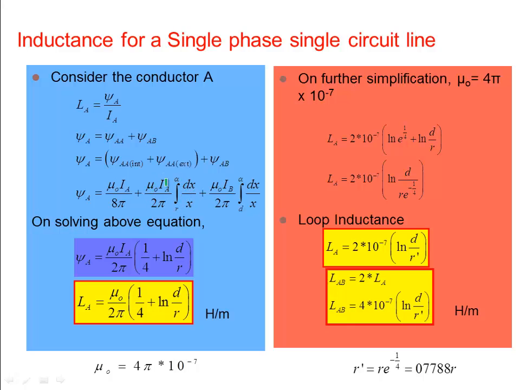This complete term is for external flux linkage, plus mu naught IB by 2 pi integral of d to infinity dx by x.